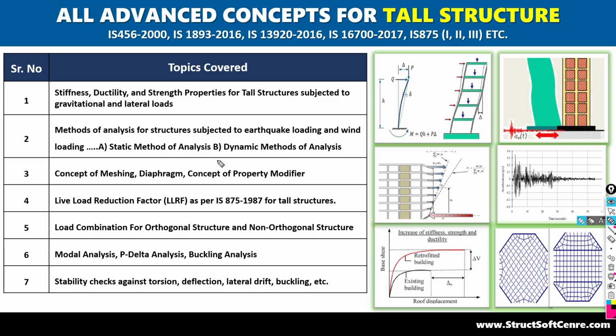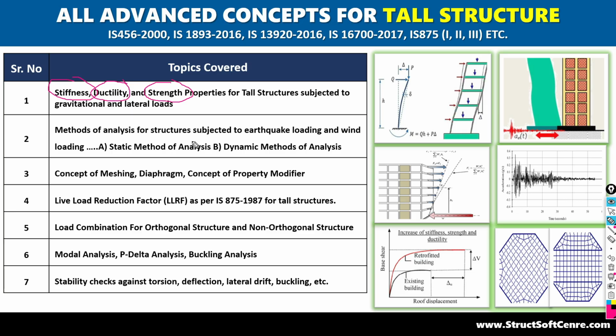When you are going to deal with a tall structure, we have to think about the stiffness, the ductility, and the strength at the time of framing, more importantly. And if your structure is a tall structure, how to decide the positioning of the shear wall, how to decide the orientation of the shear wall.